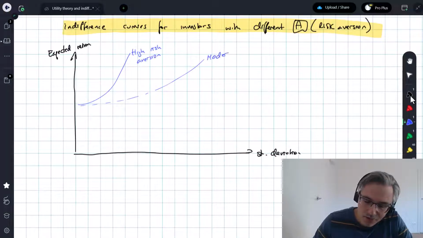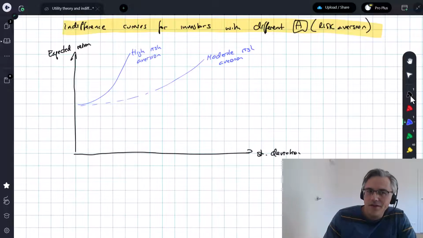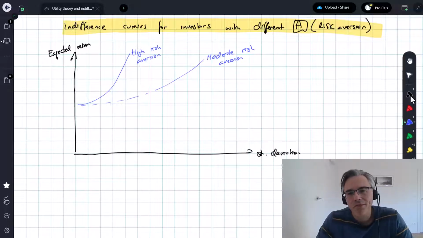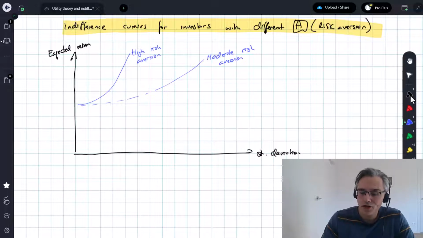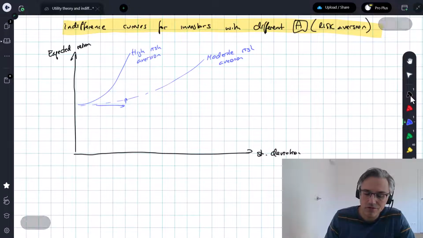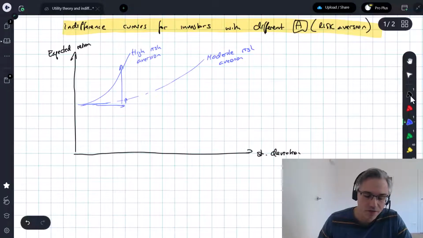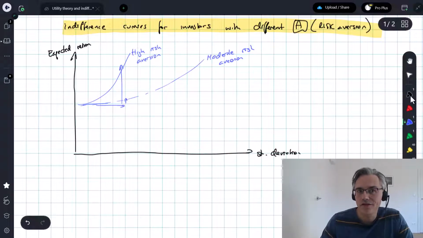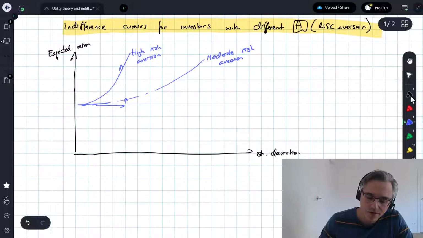So this is moderate risk aversion. For this second investor, the moderate one, they don't require so much additional reward in terms of return for taking on that additional risk. Whereas here, with the first one, they expect to be compensated a lot more to take on the additional risk. That's what we're talking about here, right?